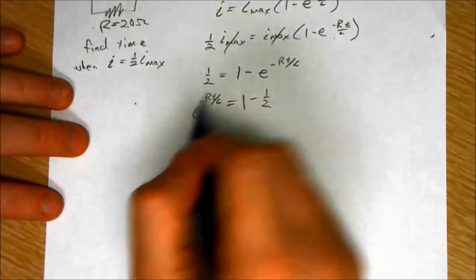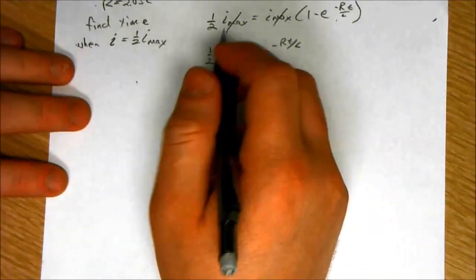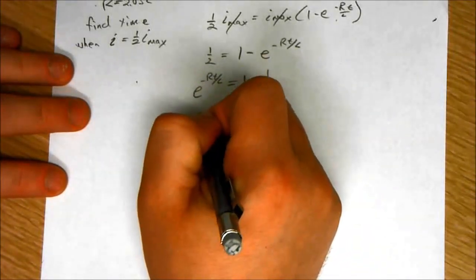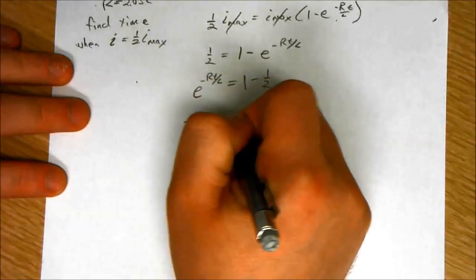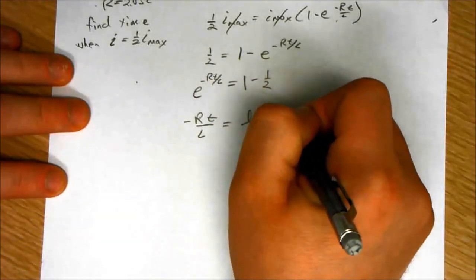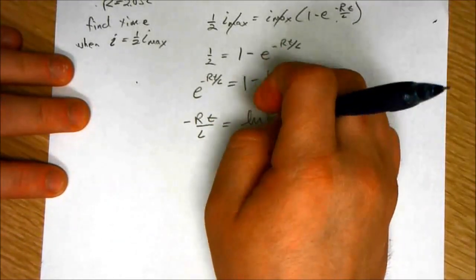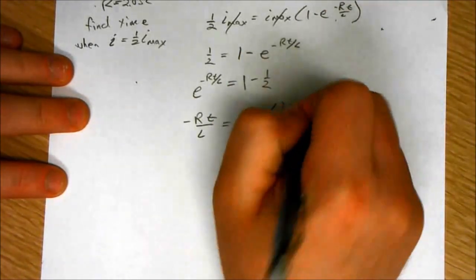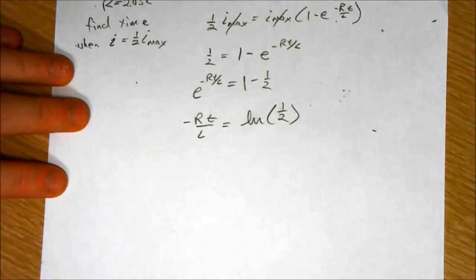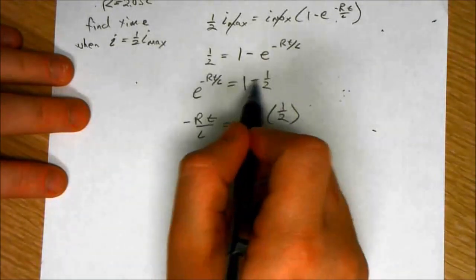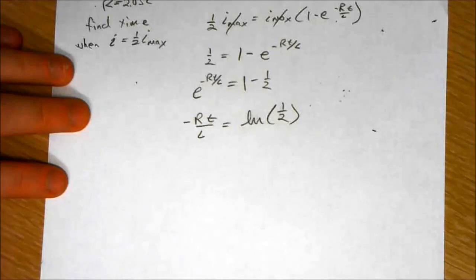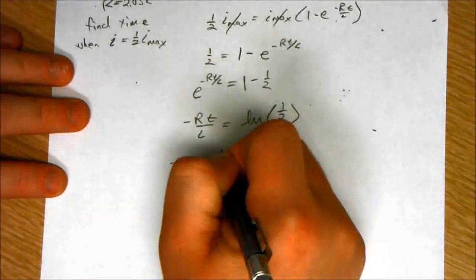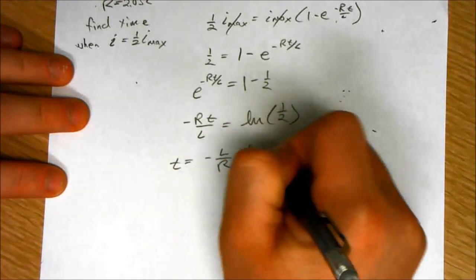So I'm going to take the natural logarithm of each side, which undoes this exponential. So this becomes negative Rt over L equals natural log of 1/2. Now it's just solving for t: negative L over R, natural log of 1/2.